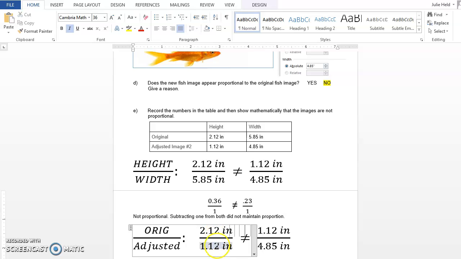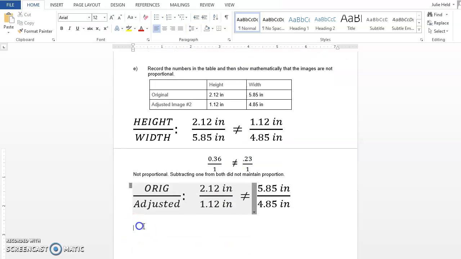Do you notice I'm doing height to height? And then over here I'll just do width to width. That would be another way to do this. It's perfectly legitimate. It would still give us the same decision. So I'm doing width to width, pretty much stacked the way they are in the table, so that makes it easy.